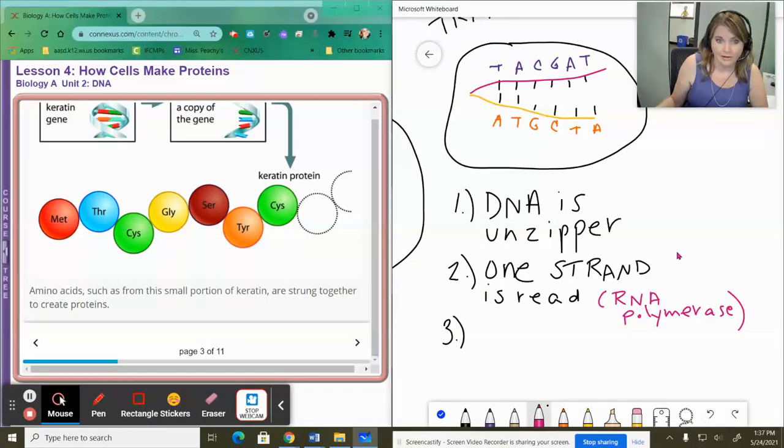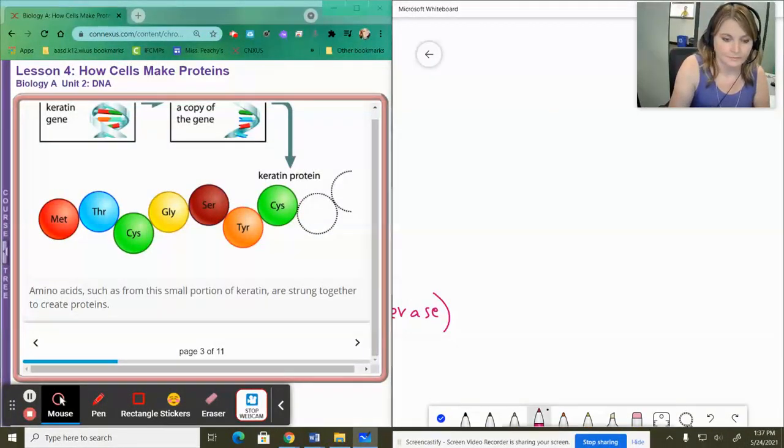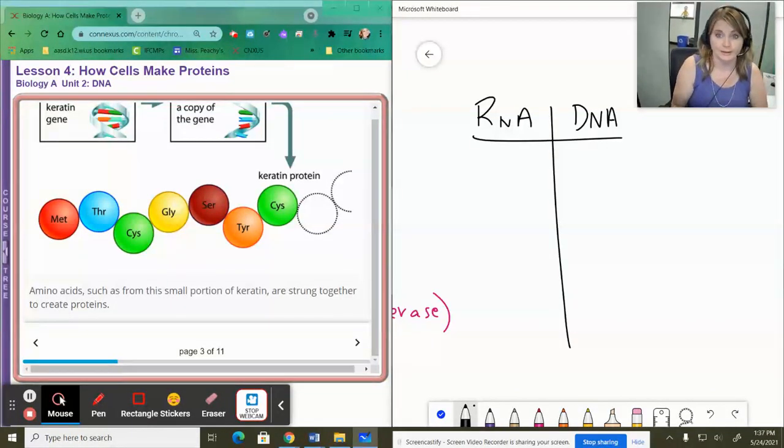Since it's making RNA, there are some slight differences. So let's outline the difference over here between RNA and DNA. Here we have RNA, and here we have DNA. These are our two types of nucleic acids.